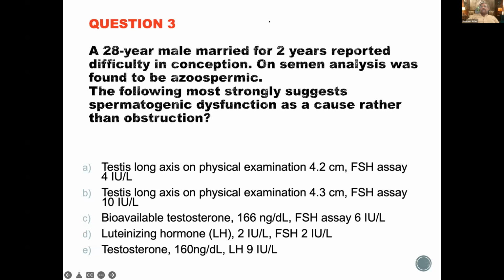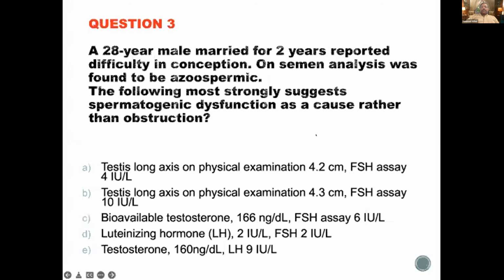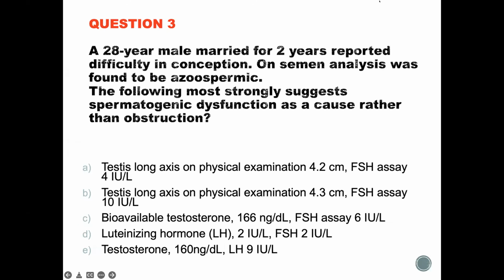Vijat, Prader's orchidometer is something that we have been taught as residents and trainees, and that's what we teach our residents and trainees. What about testicular size and long axis on physical examination and its clinical value? It's a reasonable surrogate just to make an assessment whether testes are normal volume. So 4 centimeter is definitely good volume.